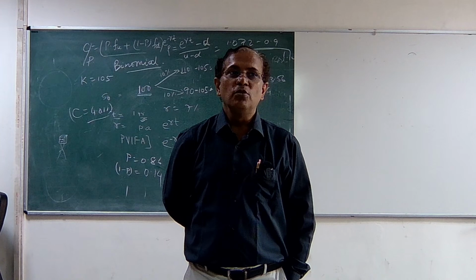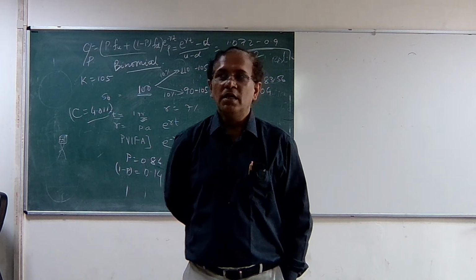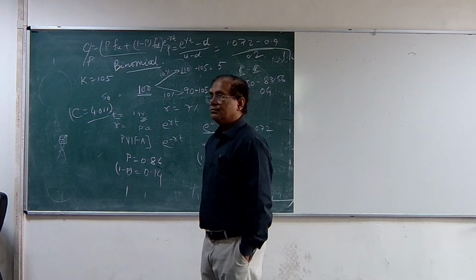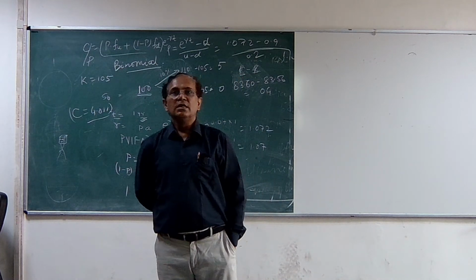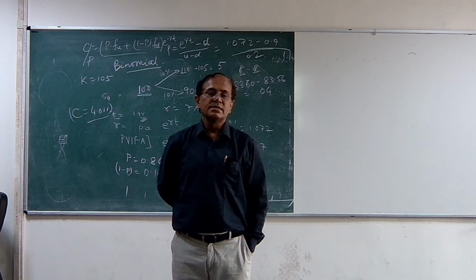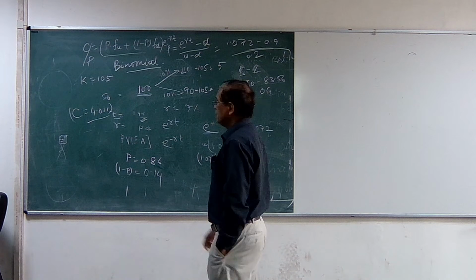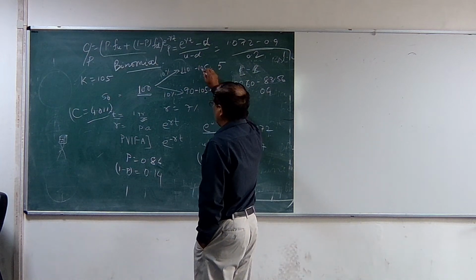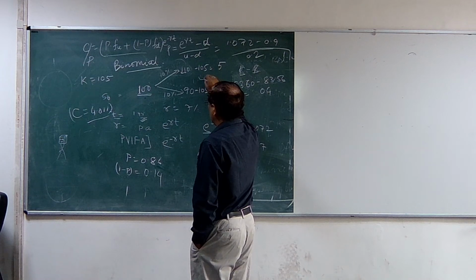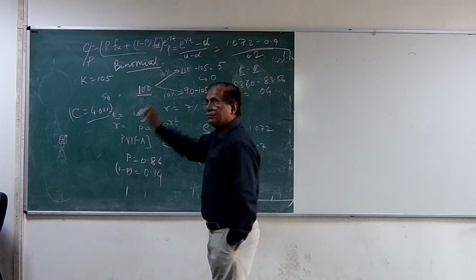So in the formula P and 1 minus P are not changing. Then what we have to look into are FU and FD. Now we are considering put premium. For a put, the intrinsic value for the buyer is K minus S. That is 105 minus 110, what will be the value? 0.